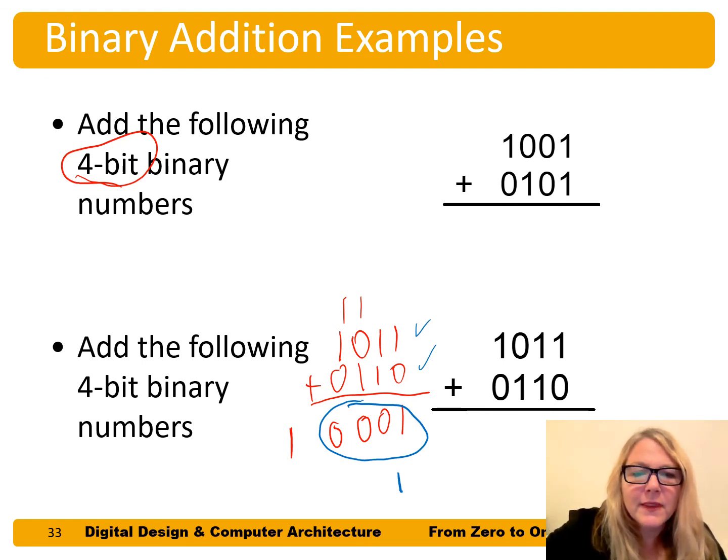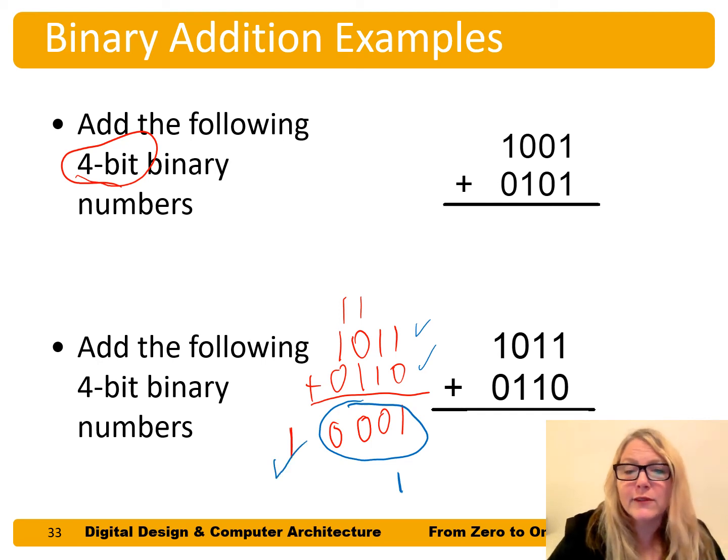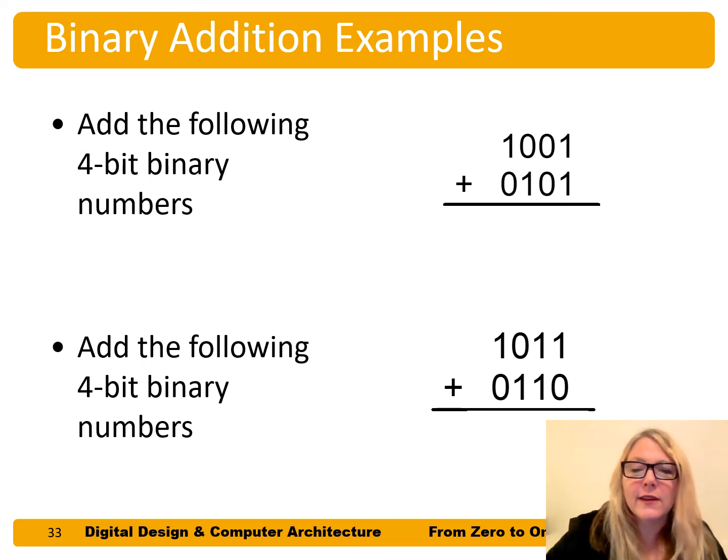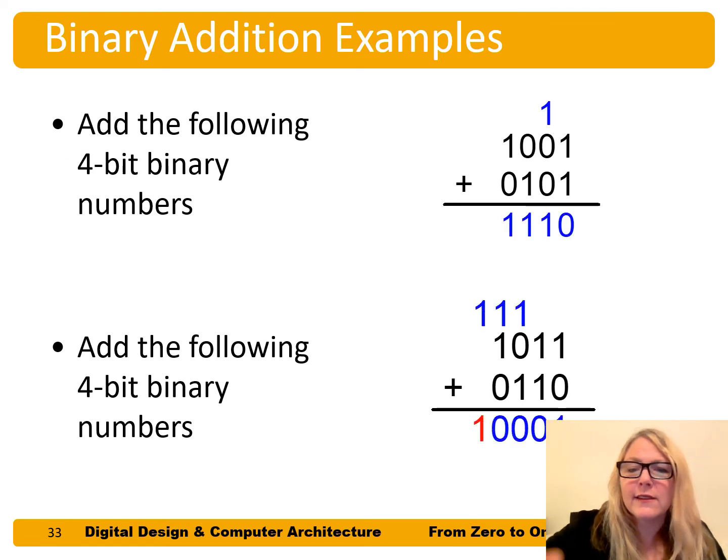Well, what happened is overflow. So this result does not fit in a 4-bit value. And we can double check that and say, okay, well, what are these numbers? Well, let's see, we have 1 plus 2 is 3 plus 8, so we have 11, and we're trying to add, so no 1, we have a 2 and a 4.